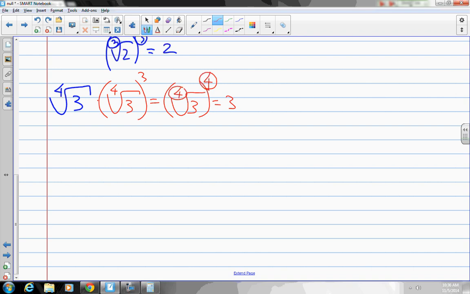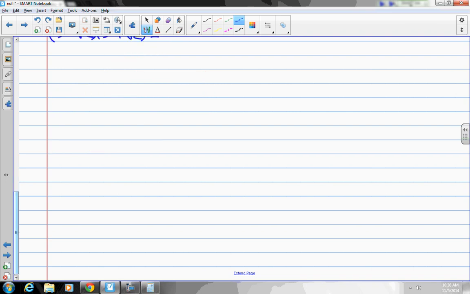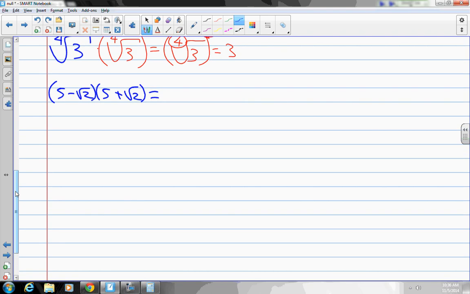Okay. All right. So anyways, now if I give you this example, and we did that last time, 5 minus the square root of 2, 5 plus the square root of 2. That was the very end of Monday's packet, or whatever you call those things. How did we handle that problem? How do we handle any type of multiplication where you have 2 parentheses, one is a negative, one is a positive? Difference of squares.